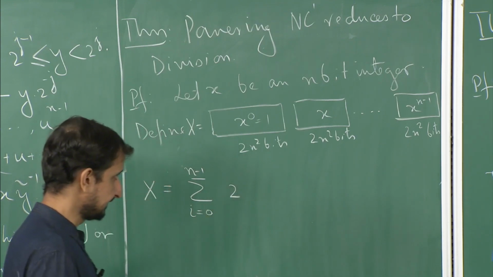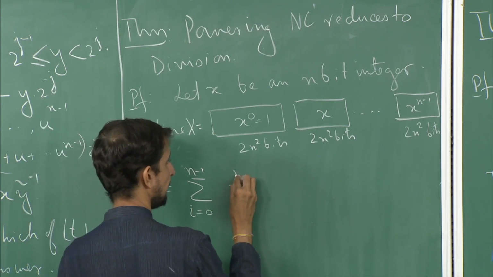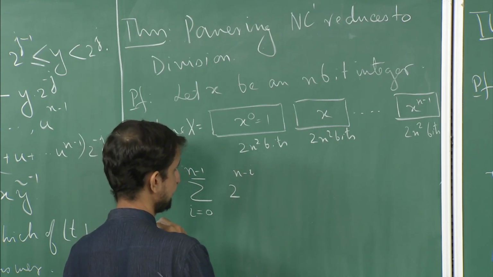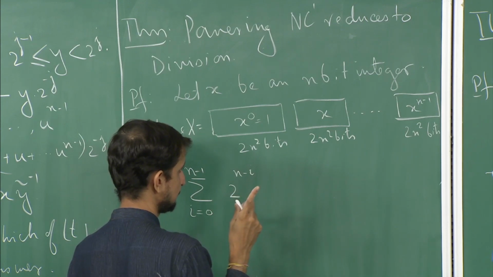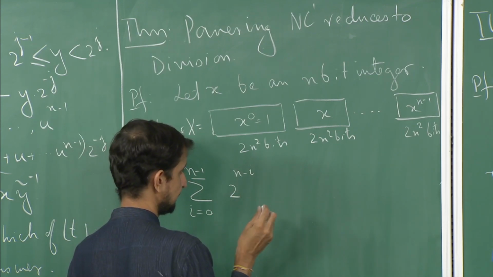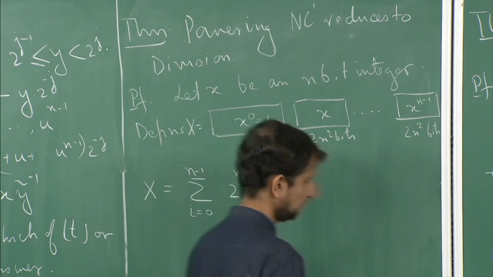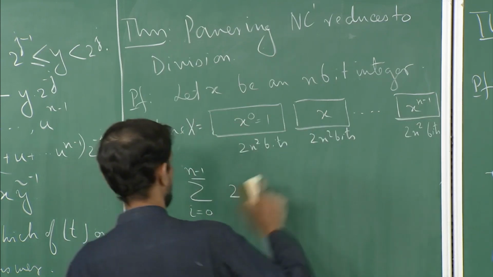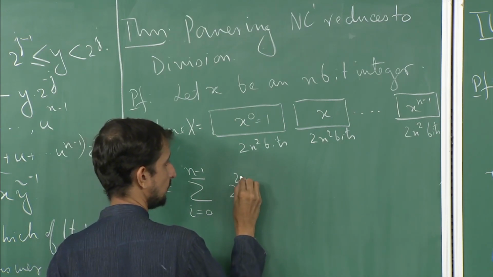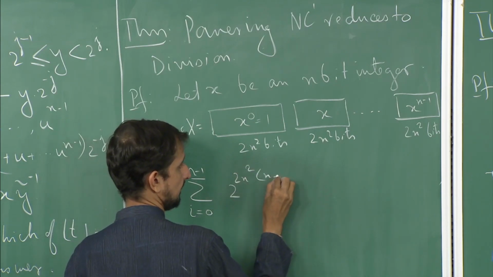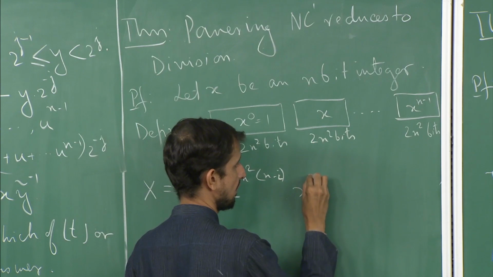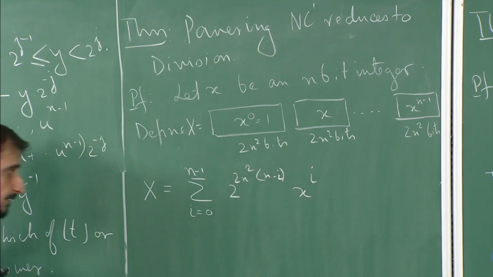There is a scaling factor, 2 to the power 2n square into n minus i, times x to the power i.